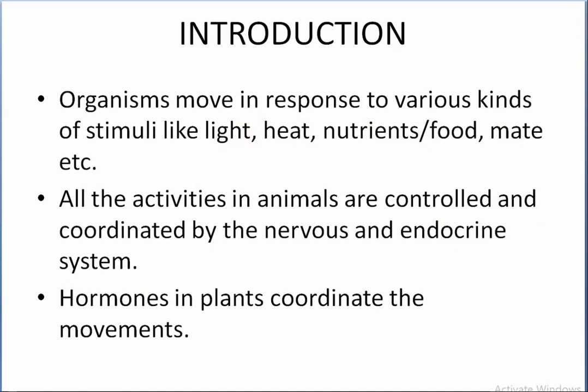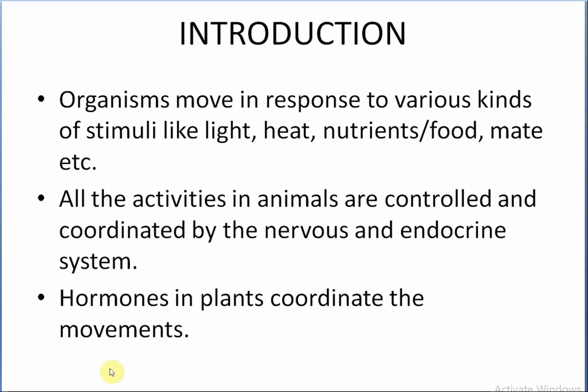You have already read about the endocrine system in class 8. Just for a quick revision, we have read about some of the hormones which are secreted by the endocrine glands, and that endocrine glands are ductless glands.